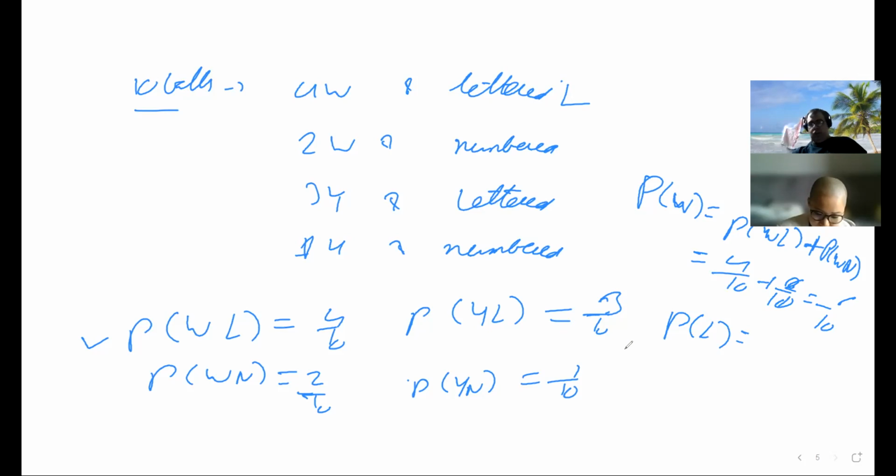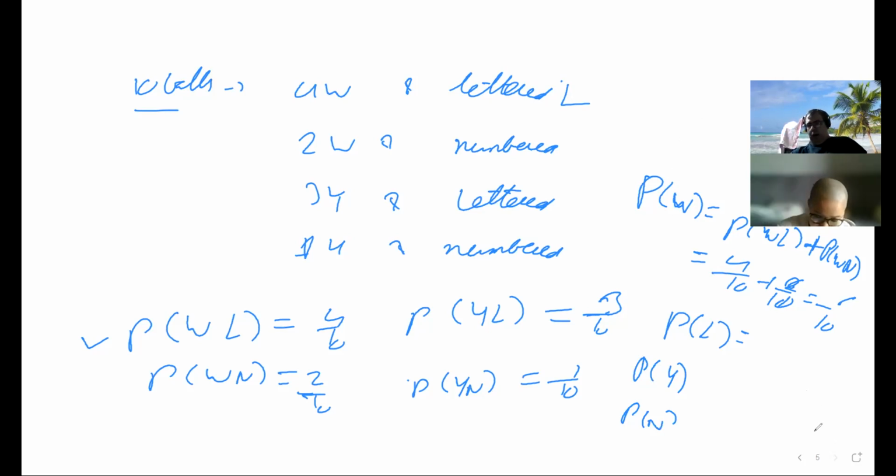Exactly. And the probability of yellow? 3 by 10 plus 1 by 10. And the probability of numbered? 2 by 10 plus 1 by 10.